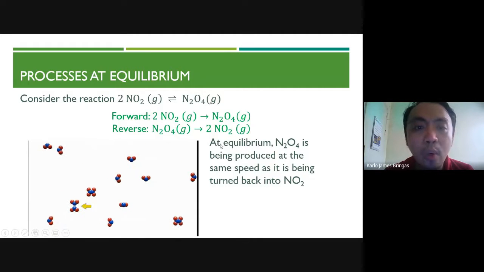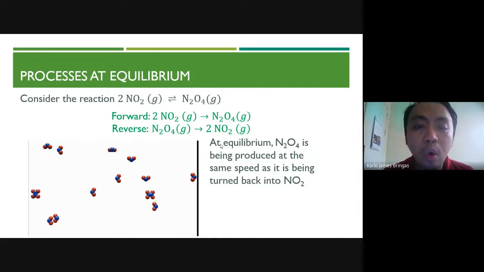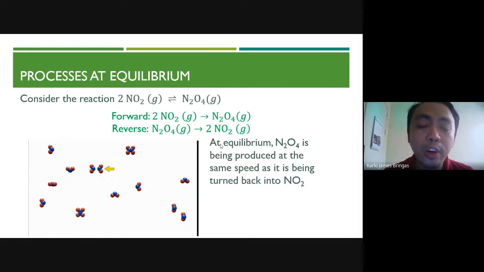So that is our equilibrium condition. The rate of the forward reaction is equal to the rate of the reverse reaction. But more on that later when we go into chemical equilibrium, somewhere around the second or third quarter.